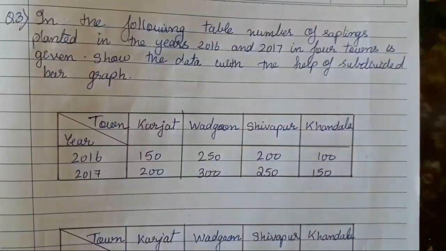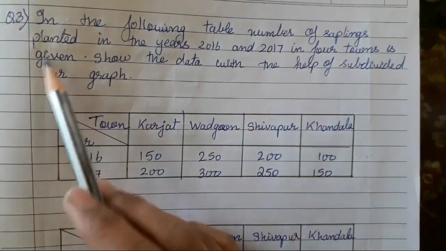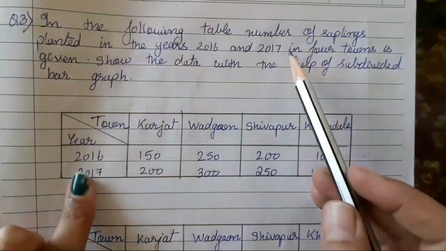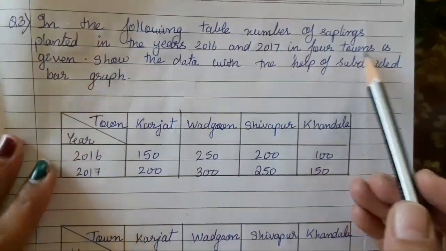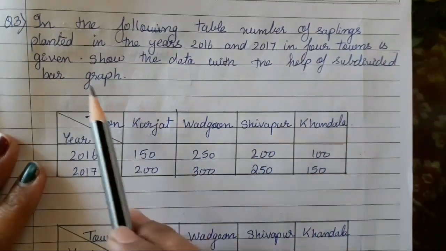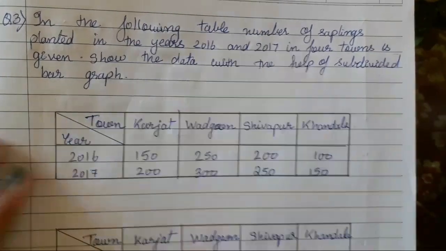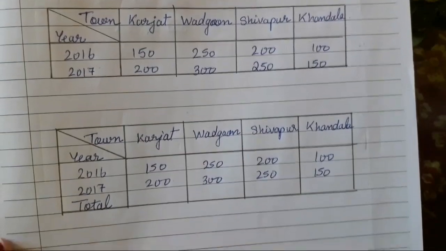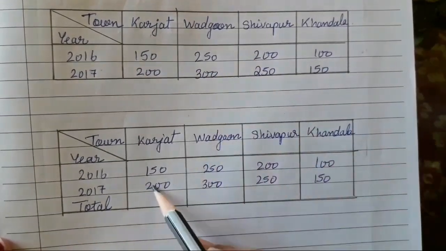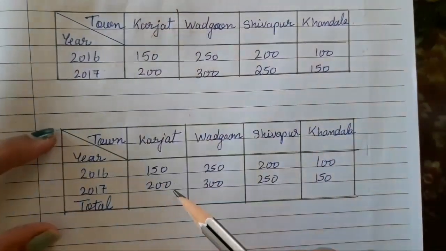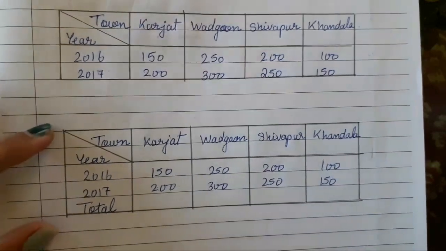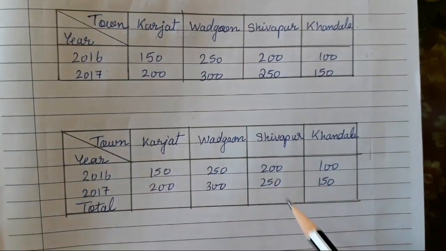Third question, in the following table, the number of saplings planted in the years 2016 and 2017 in the 4 towns is given. Show the data with the help of a subdivided bar graph. Again over here we have to write the same numbers. This was the question. You all have to draw a separate table for it and then add it.